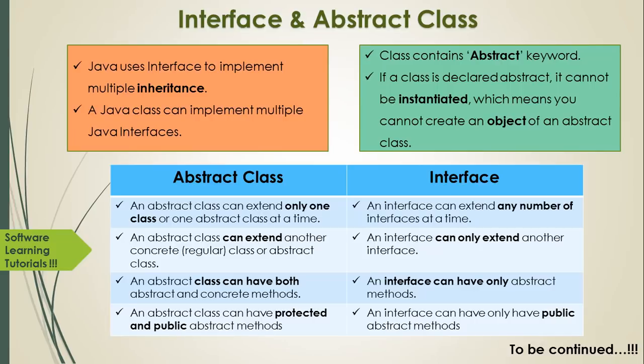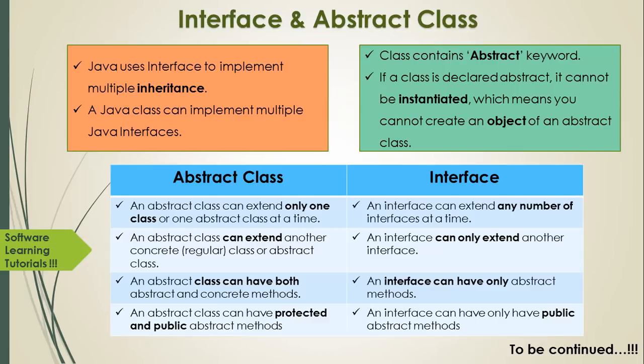So Java uses the interface to implement multiple inheritance, right? Again, you must be aware that inheritance is one of the OOPS concepts. If you don't know the definition and how it works, I have included a practical example later in this presentation, so stay tuned. But in simple words, to understand the interface and Java relationship, I will say Java uses the interface to implement multiple inheritance, right?